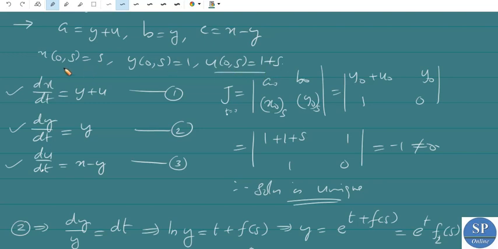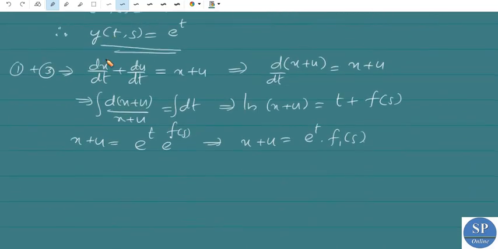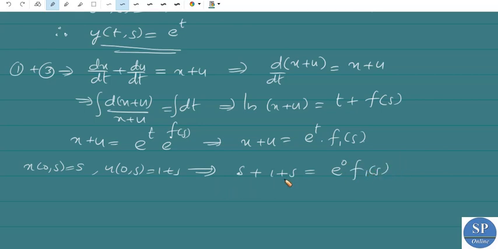Applying these two initial conditions, x of 0, s equal to s, u of 0, s is equal to 1 plus s. This implies x plus u equal to s plus 1 plus s equal to e power 0 into f1 of s. So from this we get f1 of s equal to 1 plus 2s.